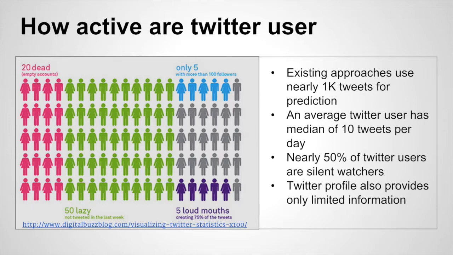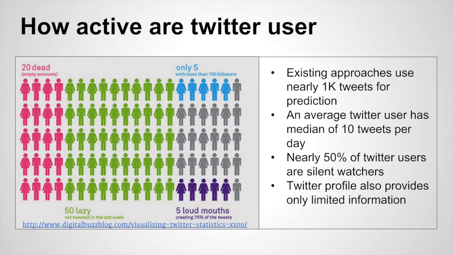They'll read some tweets, they'll write some tweets, or maybe not. Then there are only a few, less than 5% of the Twitter users who have followers more than 100, and only 5% of the users produce 75% of the content on Twitter.